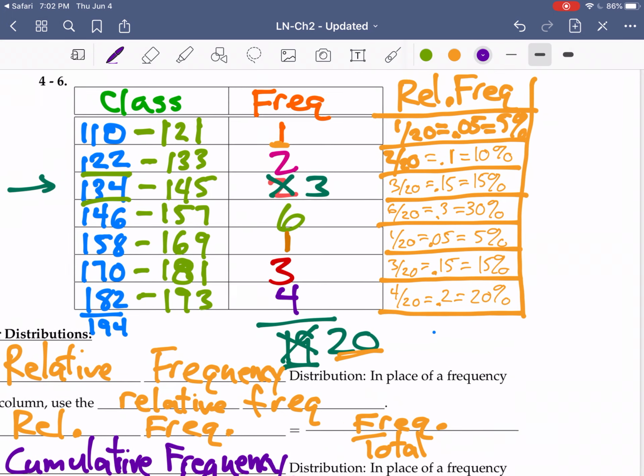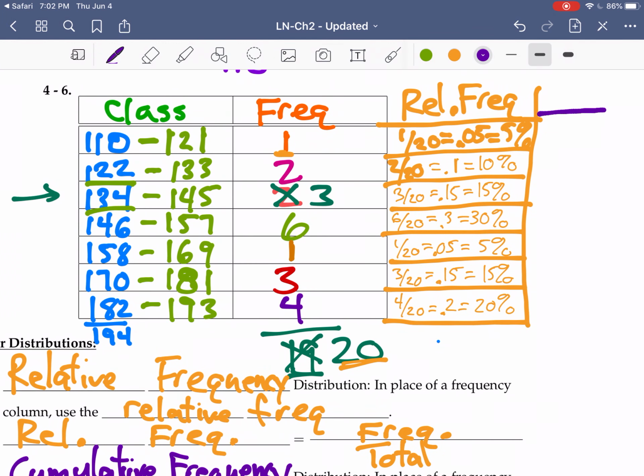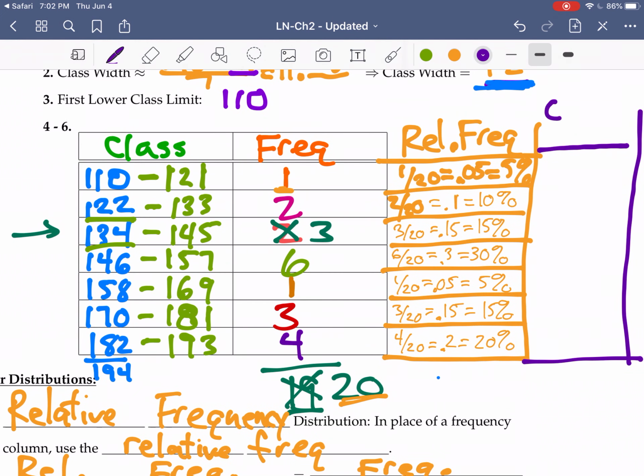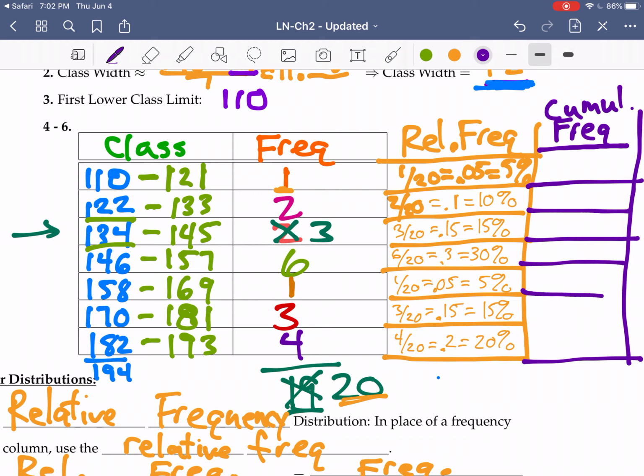And again, let's go ahead and see if we can do this up here. I'm going to extend this distribution just a little further, again, so we can see where those things are coming from.